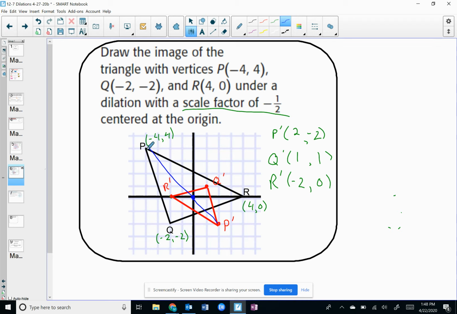And whatever its distance was from the origin up to P, it's now half of that distance just in the opposite direction. So this one's kind of weird to try to visualize before doing the math. That's why it's easiest to just multiply the x's and y's times the negative 1/2 first, graph them, and then you'll see what the dilation looks like.